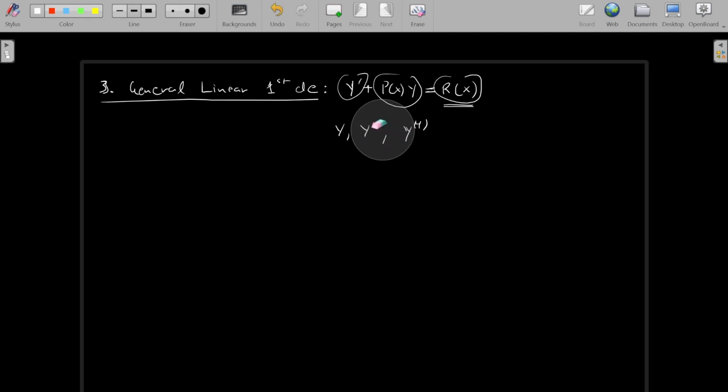It doesn't matter if the term is multiplied with a function of x, but it does need to be alone, meaning that you cannot have y prime squared. This is not a linear term. The primes and y itself should be of order 1.